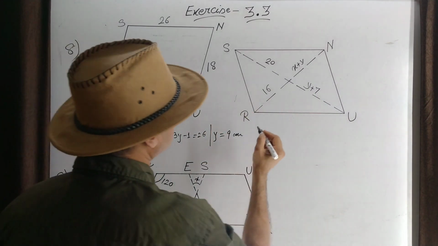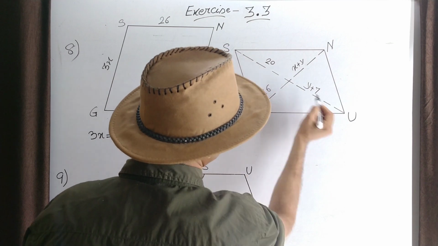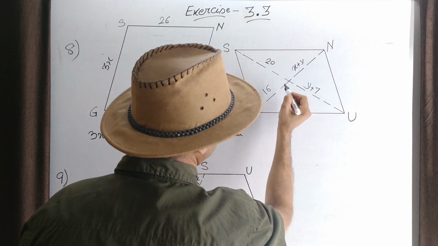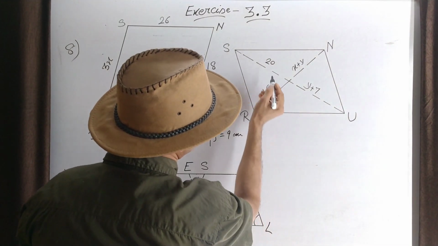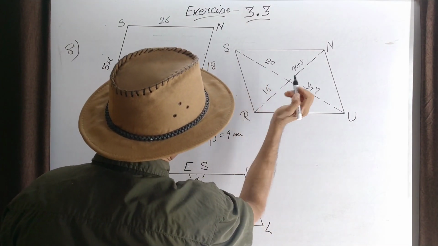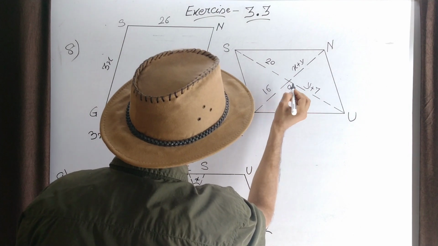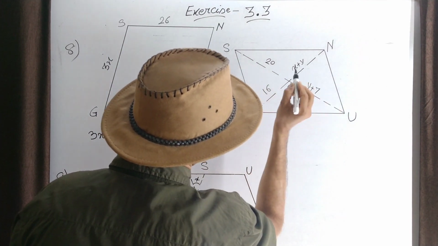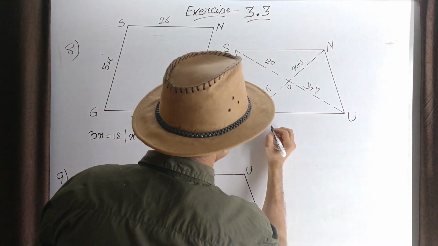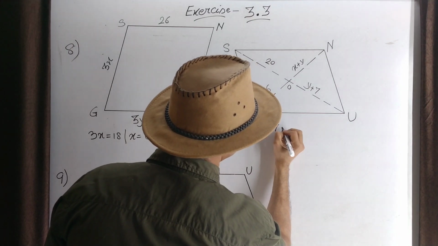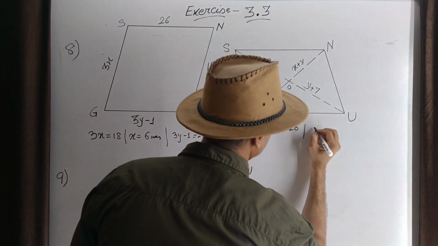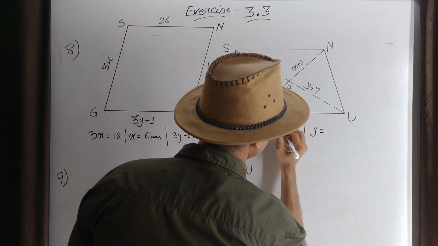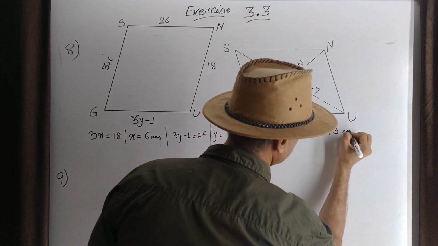In this figure we have two diagonals of a parallelogram, and we know that diagonals bisect each other. So we can call this point O, so SO is equal to OU. So 7 plus y is equal to 20. y is equal to 20 minus 7, 13 centimeters.